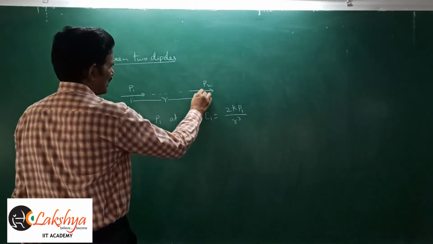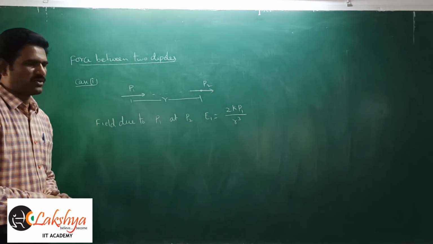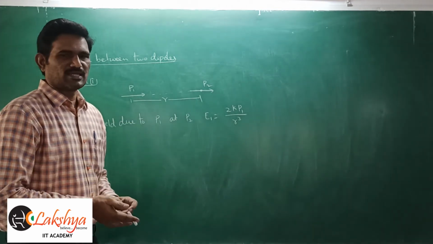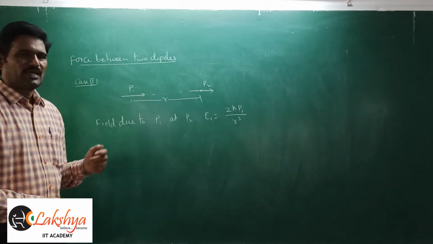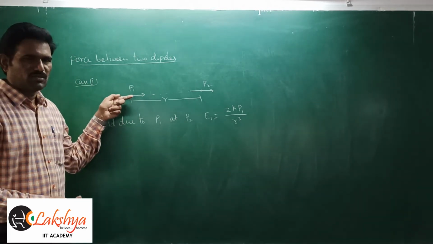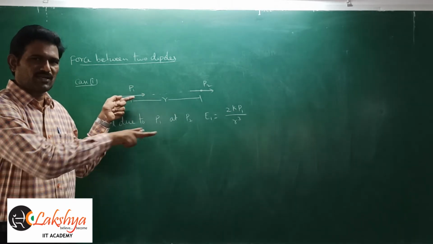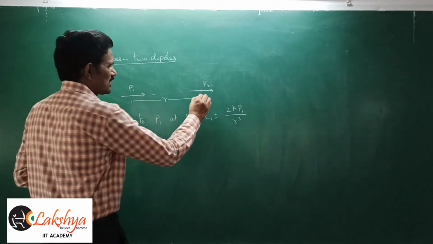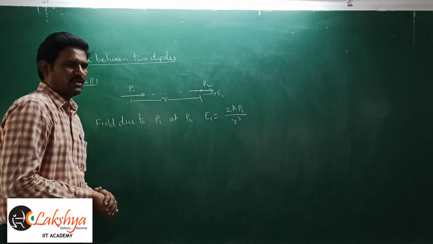Direction is also important. For an axial line, the direction of the electric field is in the direction of the dipole moment. So E1 will be along this direction at that point.